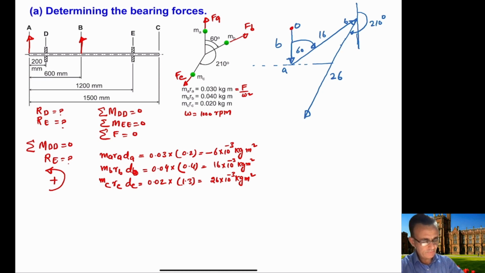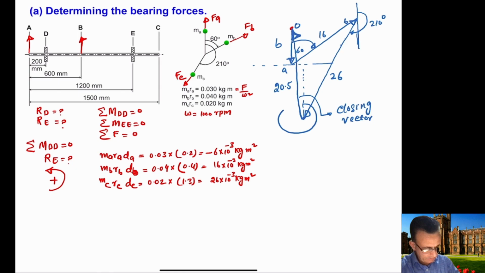So the closing vector should now be from this position to this position here, and if you draw it, it should provide you with this vector here. So this is our closing vector, and you can calculate the length of it, and it should provide you with a length of 20.5. You can calculate the angle of it with respect to, for example, the vertical.